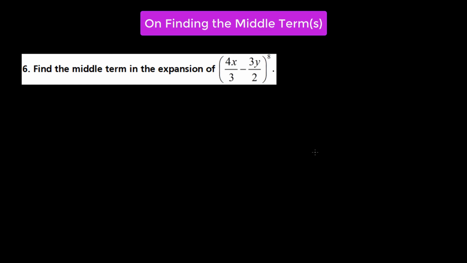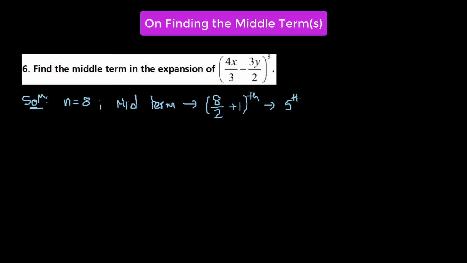Here we have to find the middle term in the expansion of the given binomial expression. We have n equals 8, which is even, so the middle term should be the 8 over 2 plus 1th term. 8 over 2 is 4, and 4 plus 1 is 5, so the 5th term is going to be the middle term.